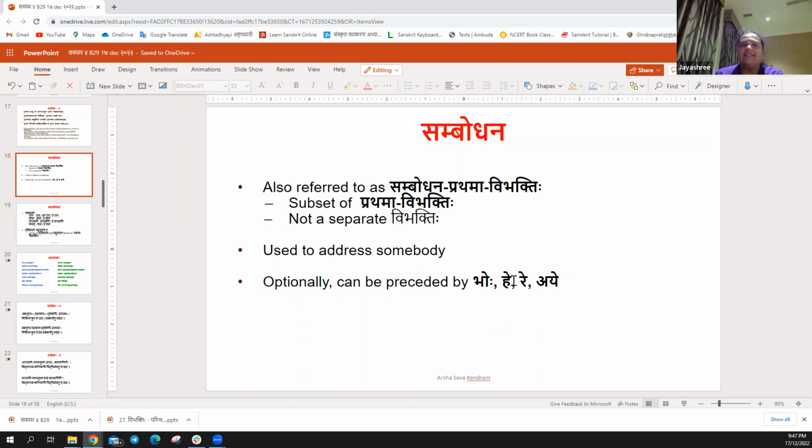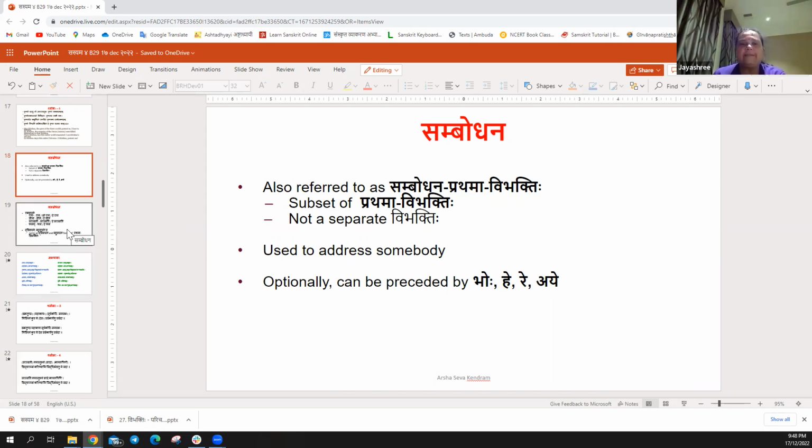So hey, and Re, we can call Re as well. I think there are some words where it says Re for calling, and Aye as well. So these are all some of the things which we call Sambodhana. If any of these come in a sentence, we should know that it's Sambodhana.